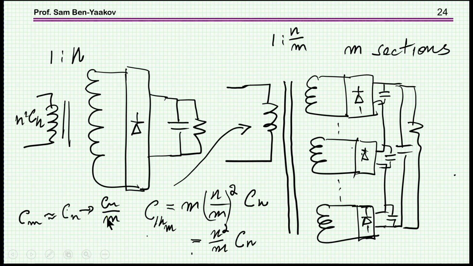That is, we have divided this value by m, the number of sections, but as I've said, it really depends on how you wind it and what is the capacitance. If the capacitance of each section is smaller, which in many cases it is, especially for multi-layer structure, then this number is actually smaller, so you get a total reflected capacitor which is much smaller.